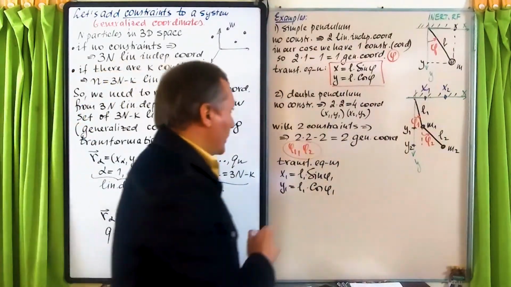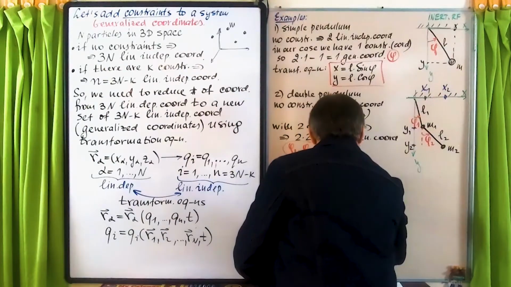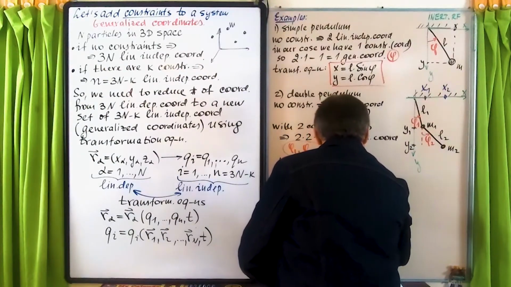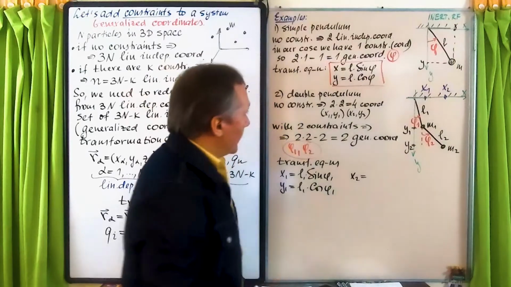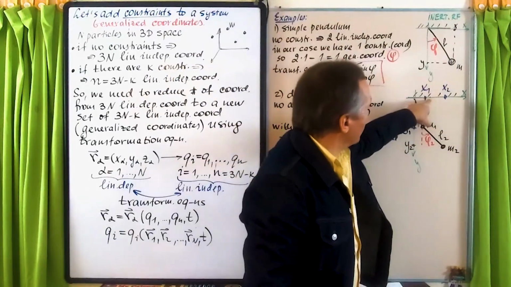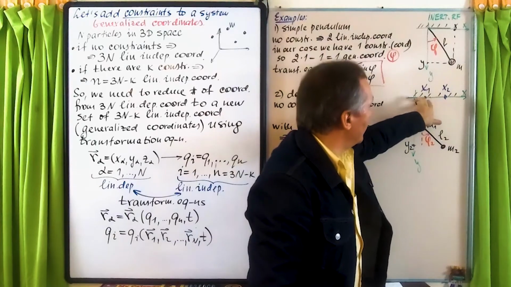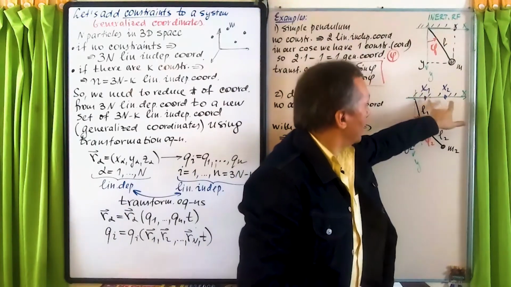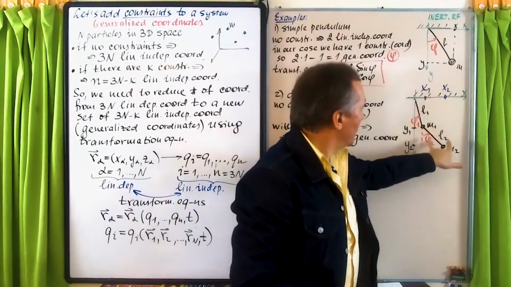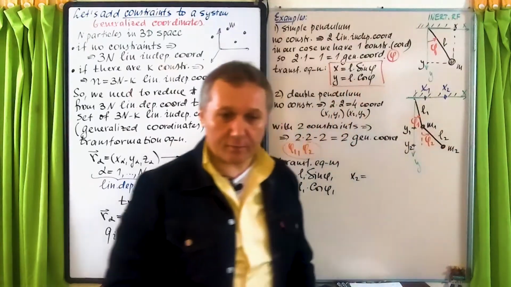And now the second one. x2 equals x1 plus this small section, which is L2 times sine of phi 2.